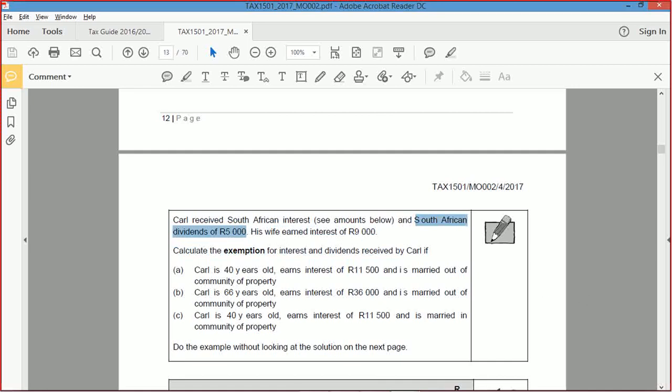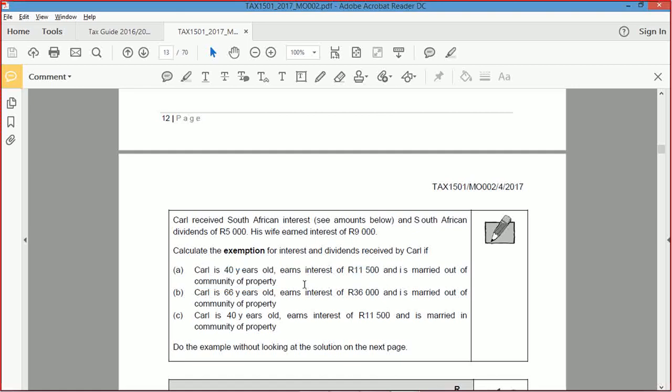Right, so coming back to Carl. Okay, Carl received SA interest and South African dividends. Okay, we know if it's South African dividends, will there be an exemption for it? Yes. Okay, so you will always be able to claim an exemption against South African dividends, as long as it's South African dividends. Okay, we've got two people here though.